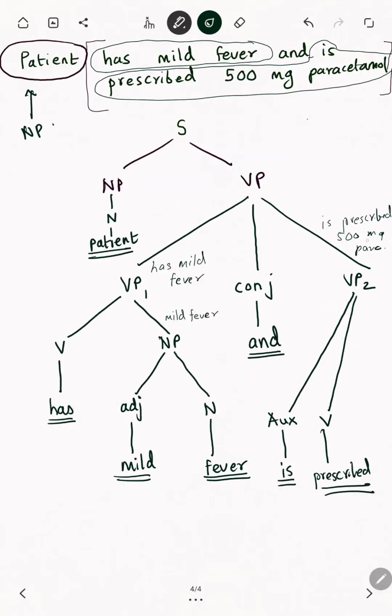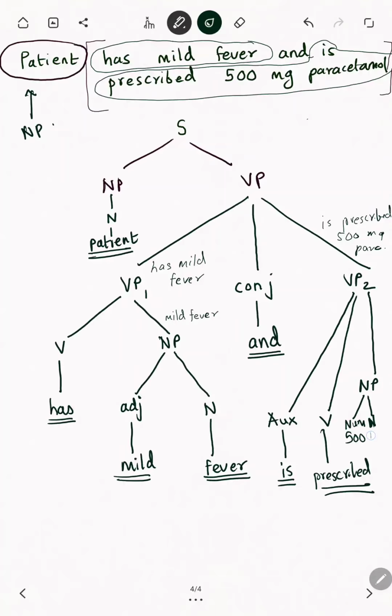Now 500 milligram paracetamol. So this will be a noun phrase. Now in this noun phrase you will have a number. This is a number which is 500, and then milligram.